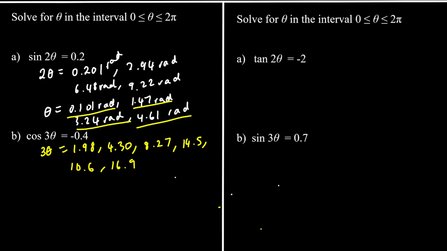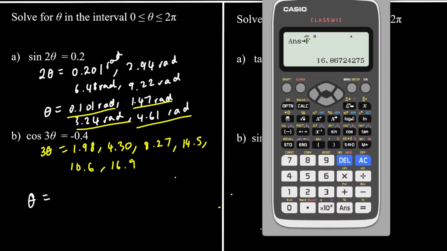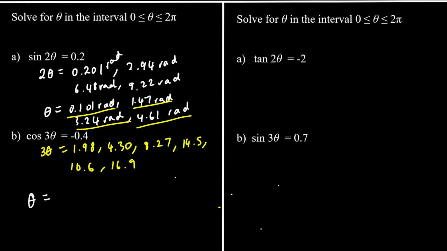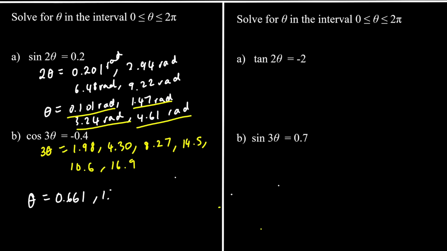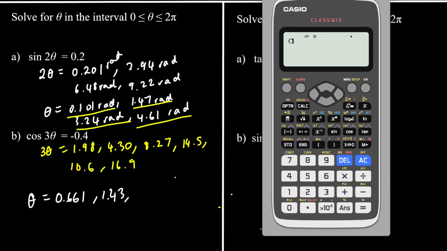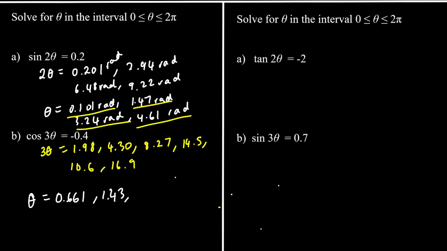That's 3 theta. So I want 1 theta. So I'm going to divide them all by 3. So A divided by 3, 0.661. B divided by 3, 1.43. C over 3, 2.76.